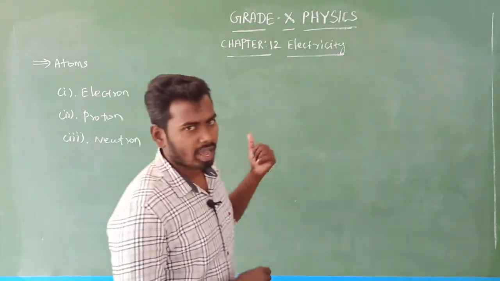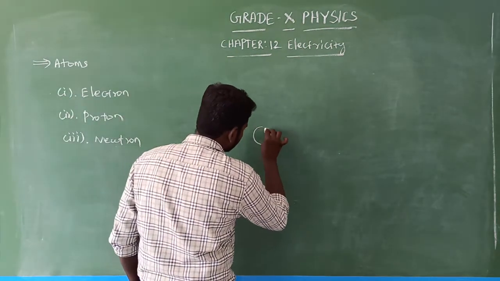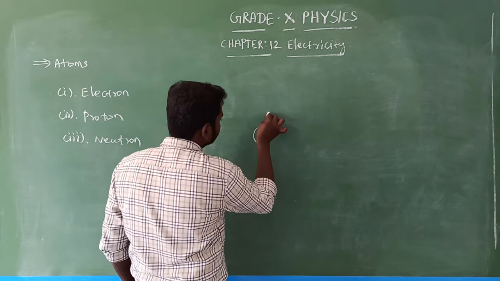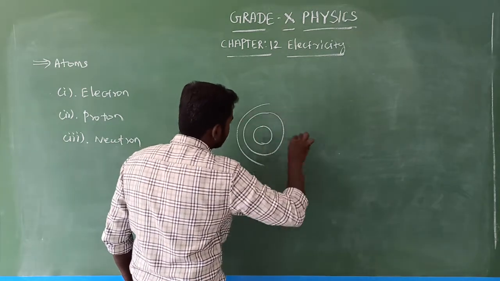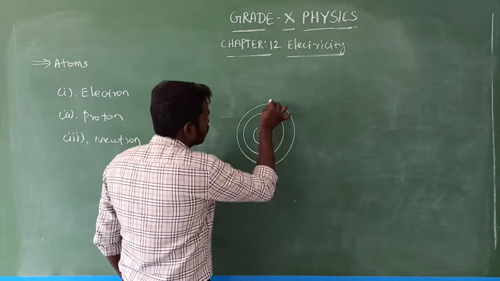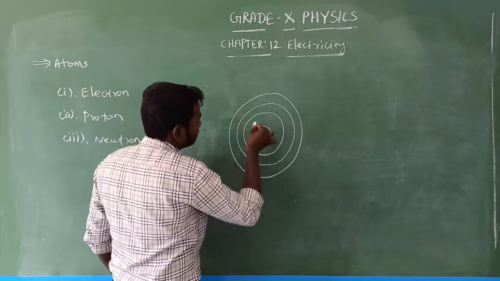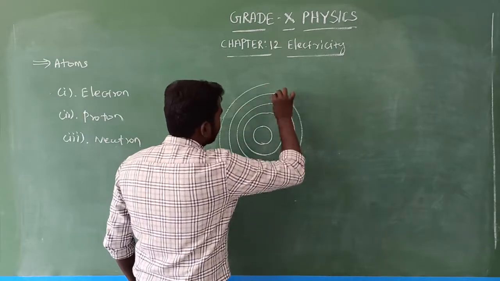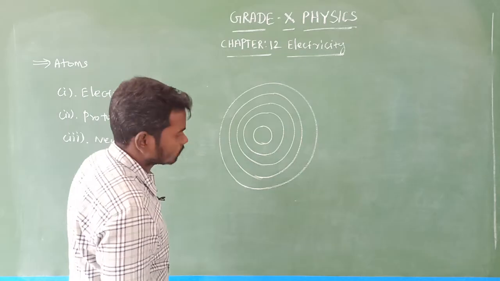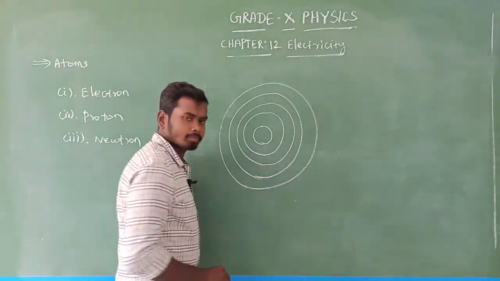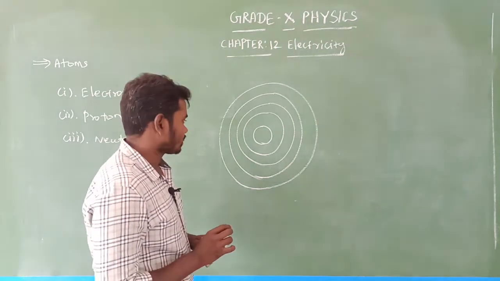Okay, yes, I'll draw the diagram. You look at here. So consider, this is the nucleus and this is the electrons' revolving path. Consider this is the atomic structure.